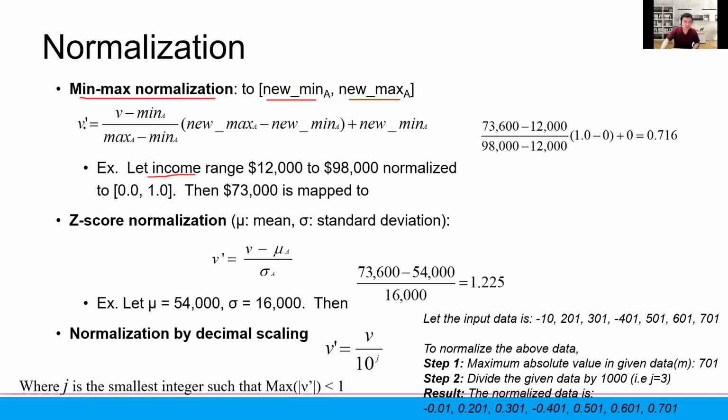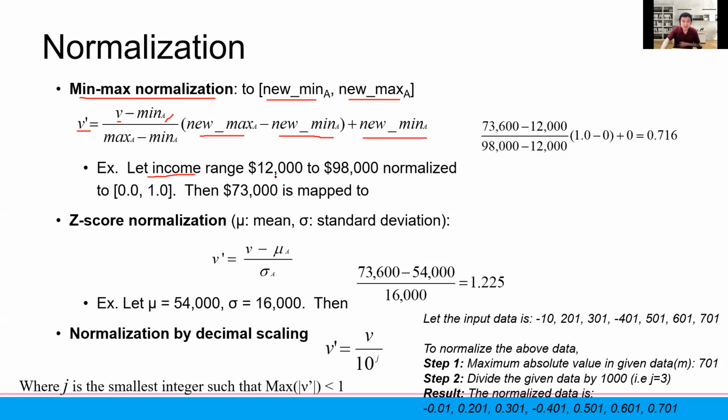Here, v prime is the new value, and v is the current value. We subtract the minimum of the values, then divide by the maximum minus the minimum. Then one more step: multiply by the new maximum minus the new minimum, and add the new minimum.